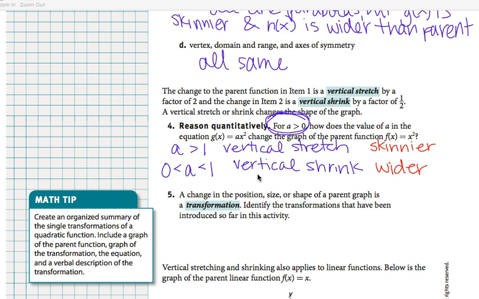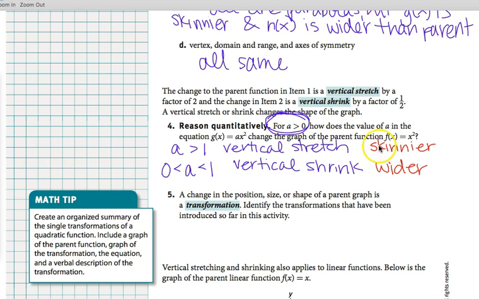If you were having a vertical shrink, shrink means that you're going to smush it. You're going to press it together. So if you take a rubber band and you push it down, you are making the rubber band flop out wider. So that's what I always think of when I'm trying to remember what a vertical stretch and vertical shrink do, which is, what we've got here in the red.